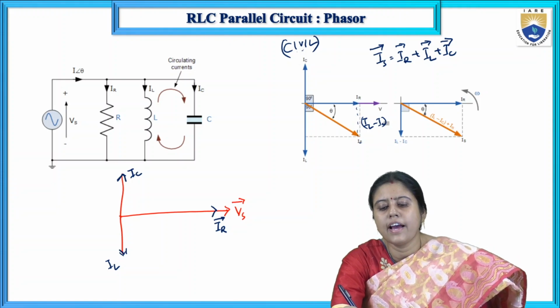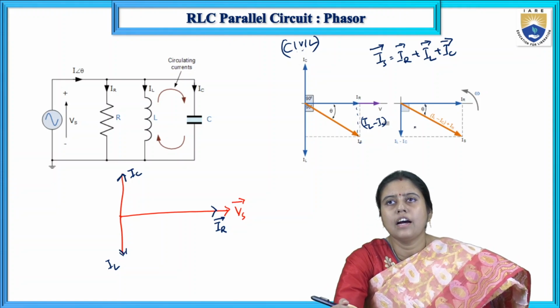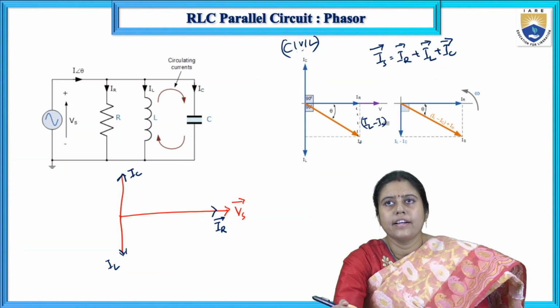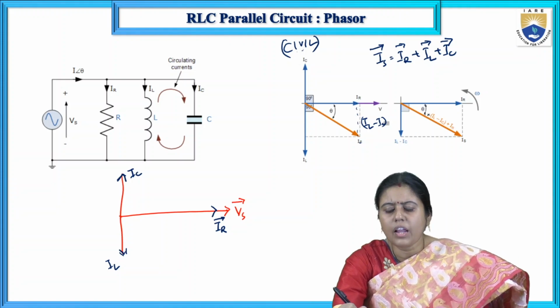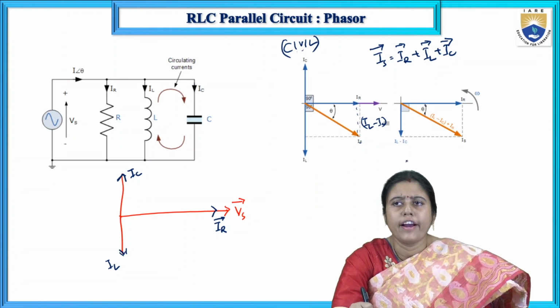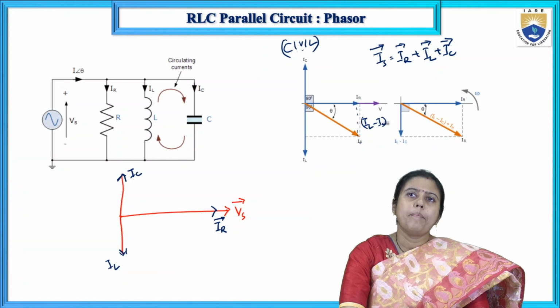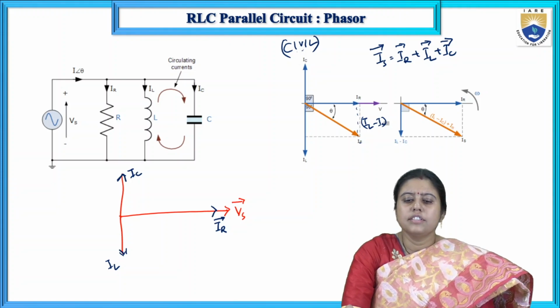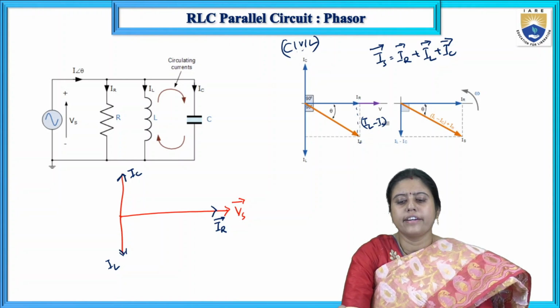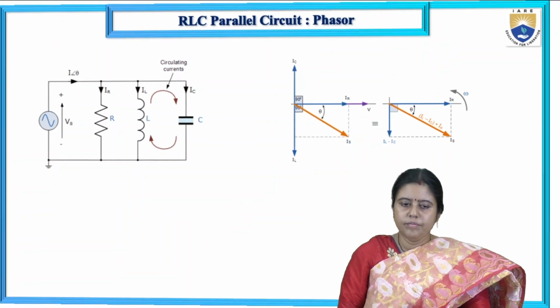And this is the theta angle. Theta, or phi, is the angle between voltage and current, known as the power factor angle. So this is the case when IL is greater than IC.